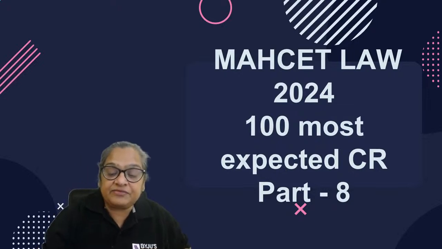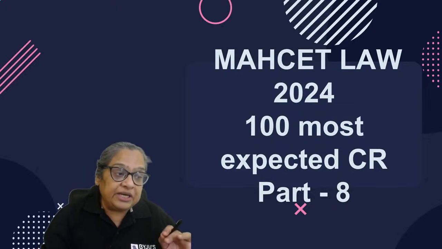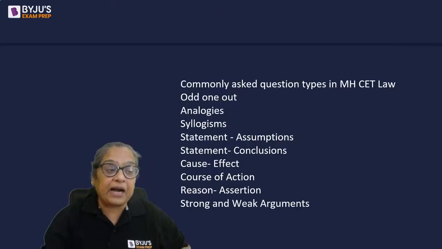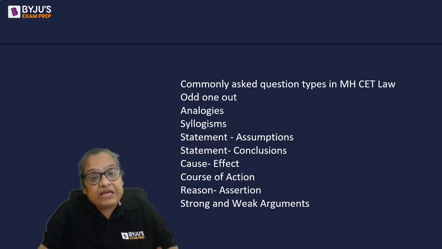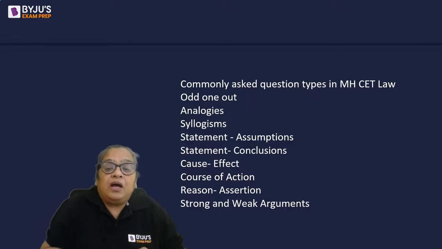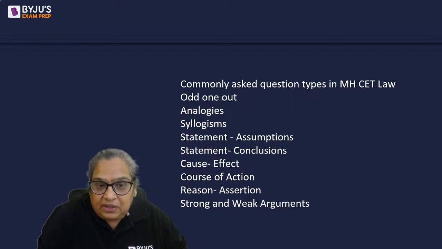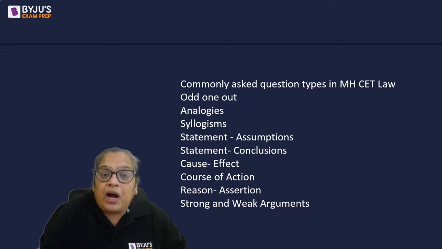In this series, we are looking at the most expected questions in critical reasoning, and this is part 8. In the previous lessons, we have done the common questions asked in Maharashtra CET verbal, logic or critical reasoning: odd one out, analogies, statement assumptions, statement conclusions, cause and effect, and course of action.